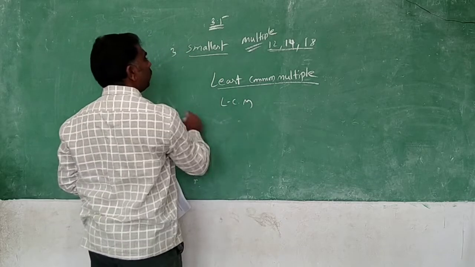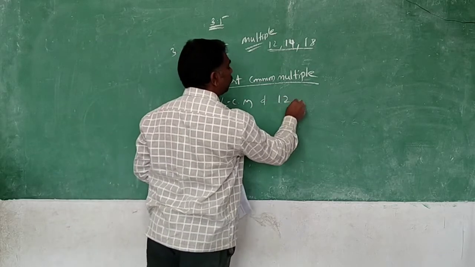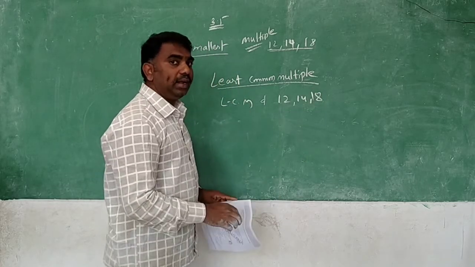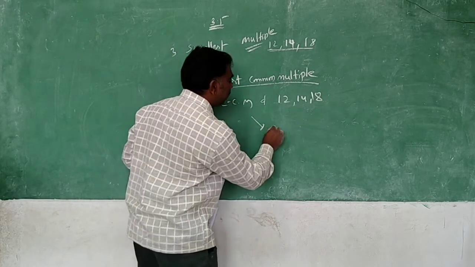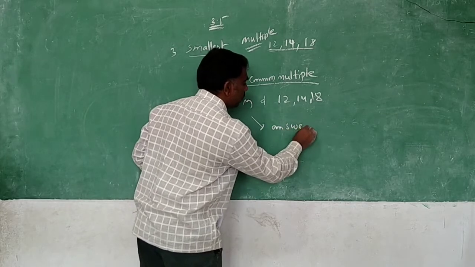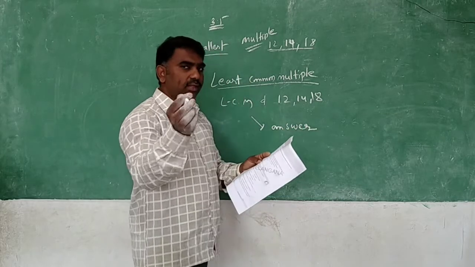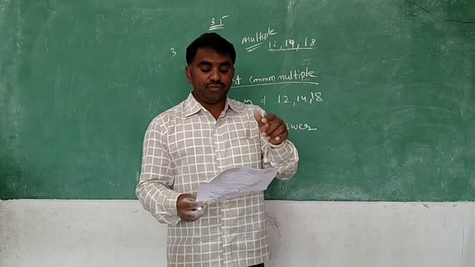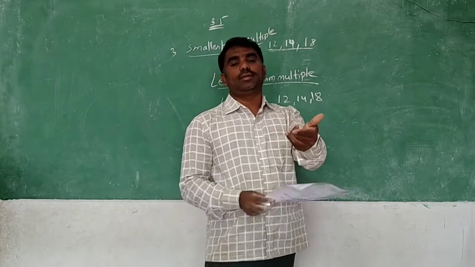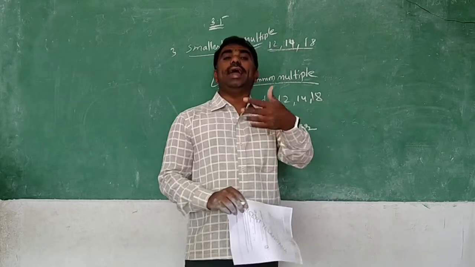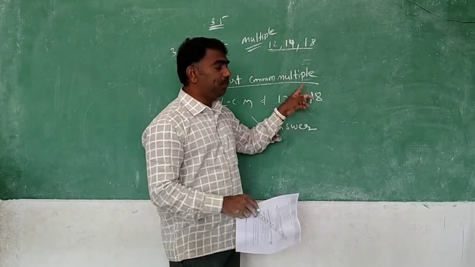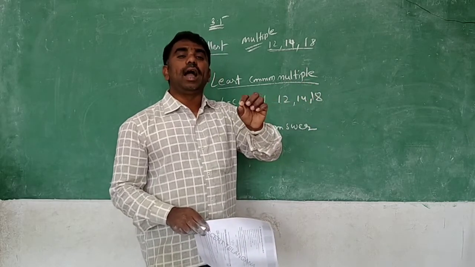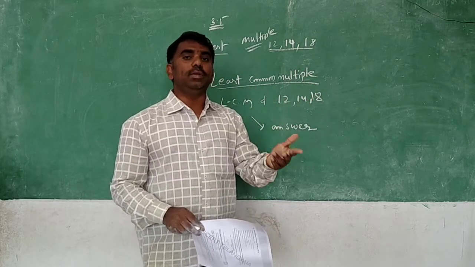For the third problem, we need to find the LCM of 12, 14 and 18. First, find the LCM and see what answer comes. Further, he is asking one more thing in the question, observe carefully: find the smallest number which when added to 5. The answer that comes is not exact; after adding 5 you will get that. So what should we do?